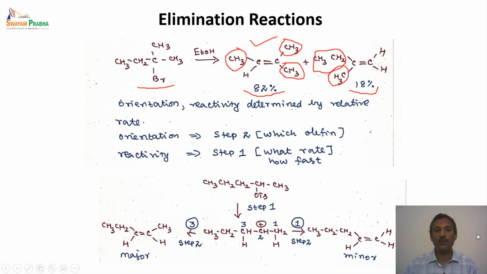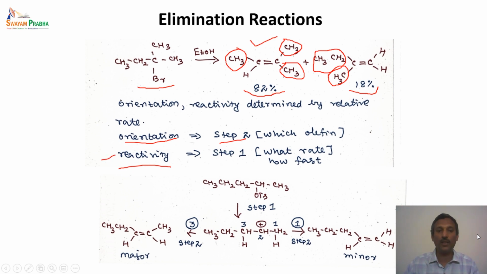So this is the orientation, and reactivity is basically determined by the relative rate. We know step 2, which is the olefin formation, leads to the orientation. When we talk about orientation, it is the product formation basically. And when we say reactivity, it is how quickly the carbocation is formed. So these are two different things.